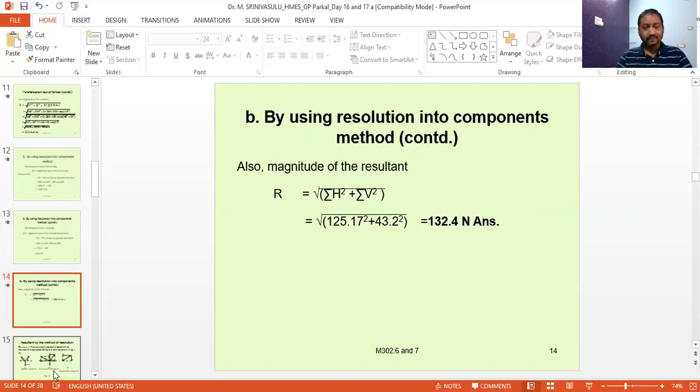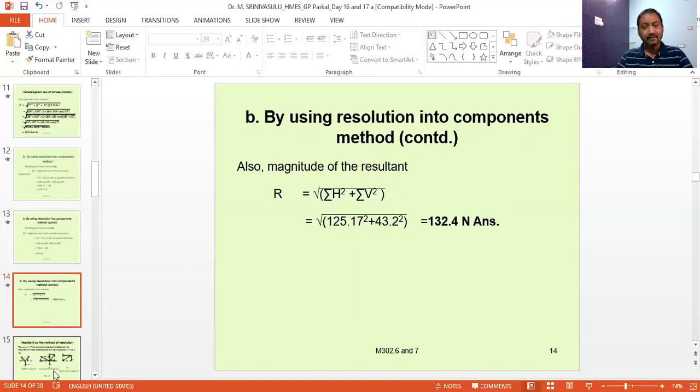But the method of resolution of forces can be applicable when any number of forces are acting, even more than two. So 3, 4 like that, or any number of forces, we can find out the magnitude and direction of the resultant of the given force system.